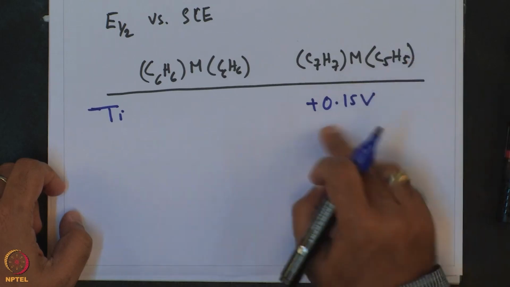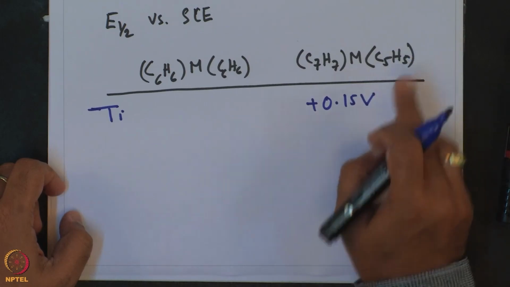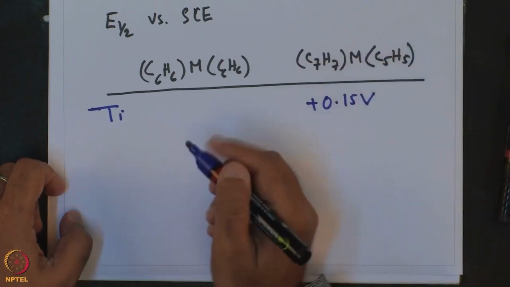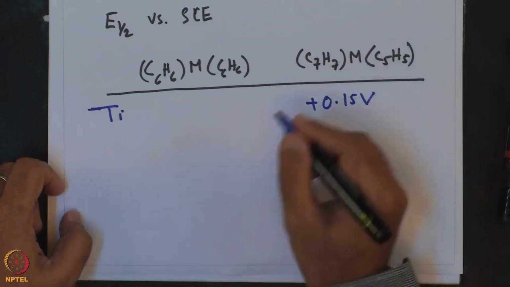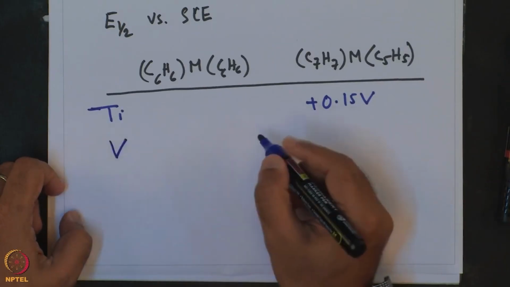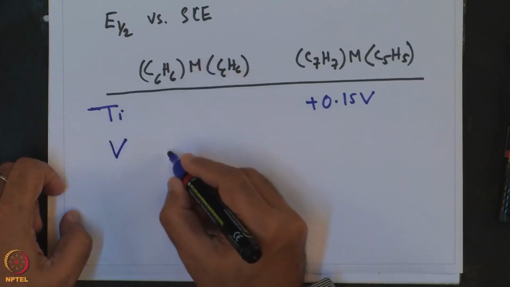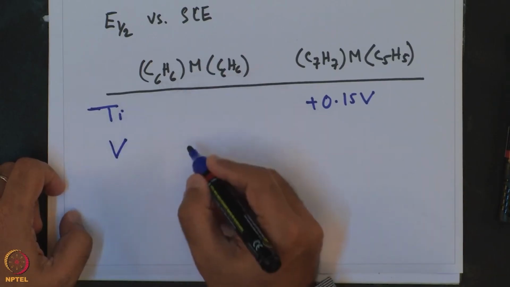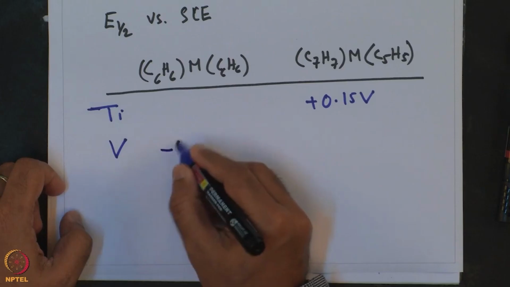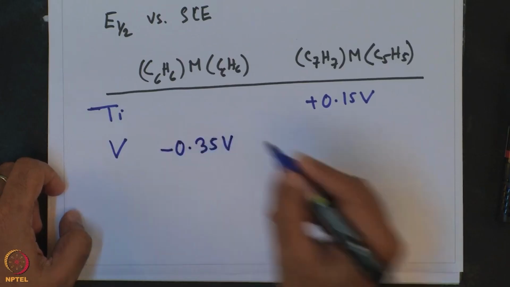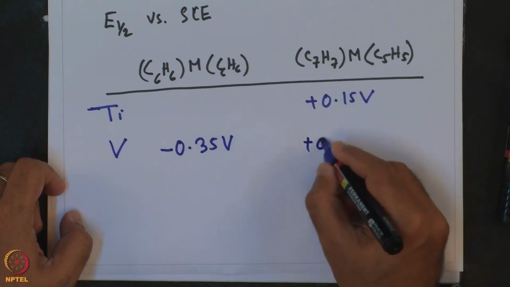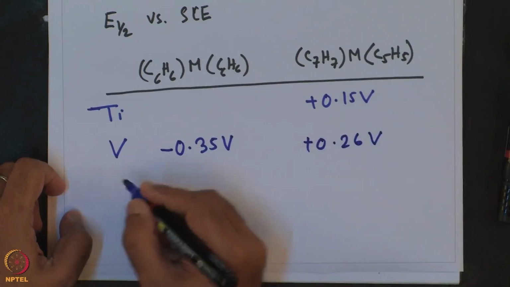So, that is positive. That means this compound is formed favorably as opposed to existing in its cationic form. For example, for vanadium, for this complex the 0/plus 1 E half value is about minus 0.35, whereas that shifts towards becoming plus 0.26 volts.